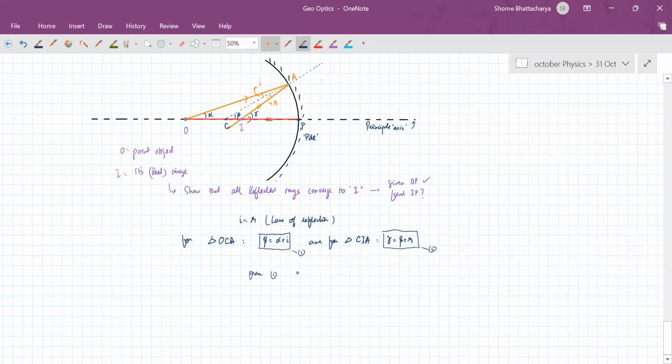So from 1 and 2, we have I is equal to R, which implies the following. Now comes the more critical part.